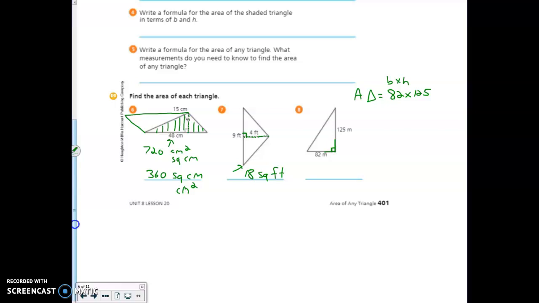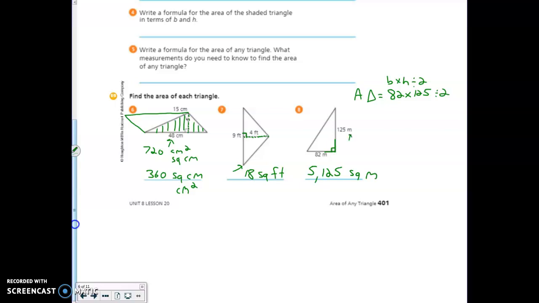And again, you've got the ability to plug that into a calculator to check that out for sure. Might want to check my math on that just to make sure that I'm correct. But then we need to take that answer and divide it by 2. Okay, so take that and plug it into the formula, and we should end up, in this case, guys, with an answer of 5,125 square meters.